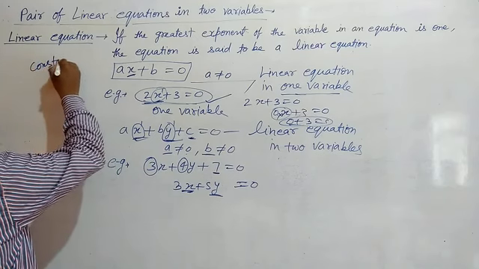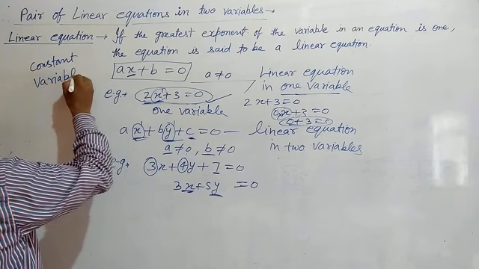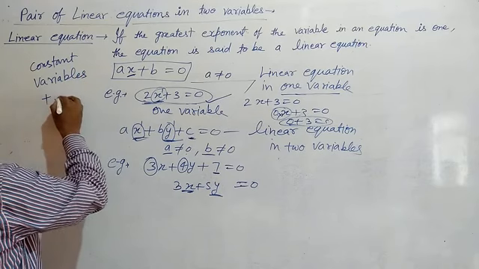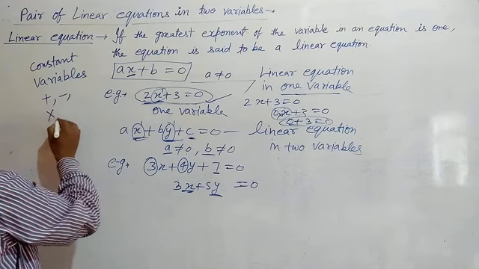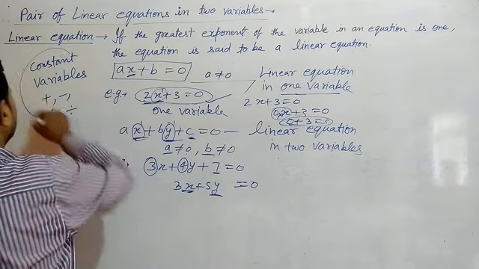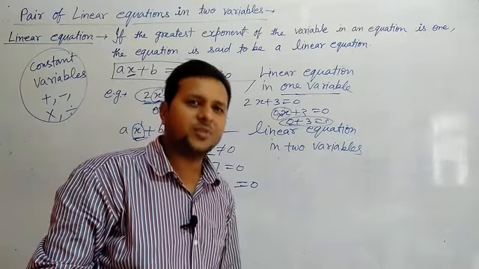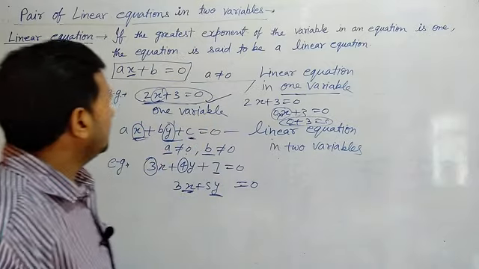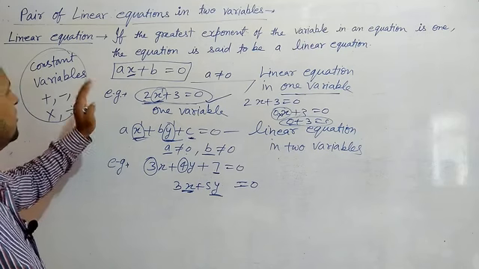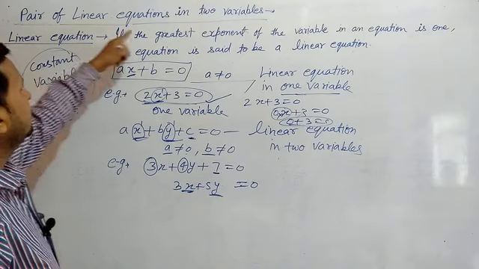See here, constants and variables are connected with the signs of plus, minus, into and division. So this combination is called an algebraic expression. Okay. So now we are studying algebraic expressions in terms of pairs of linear equations.